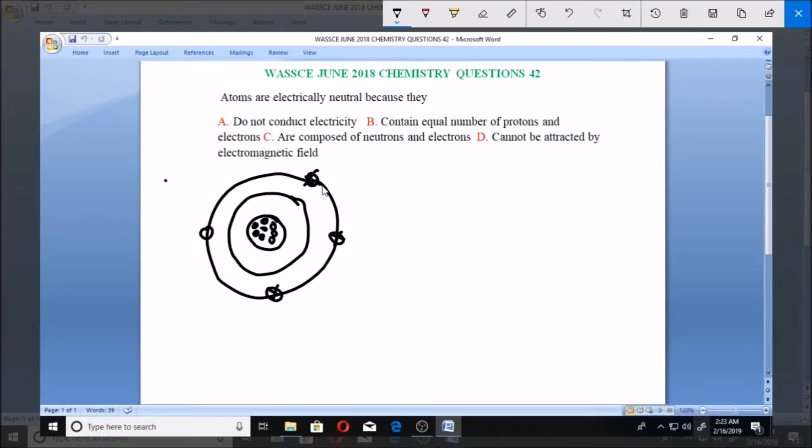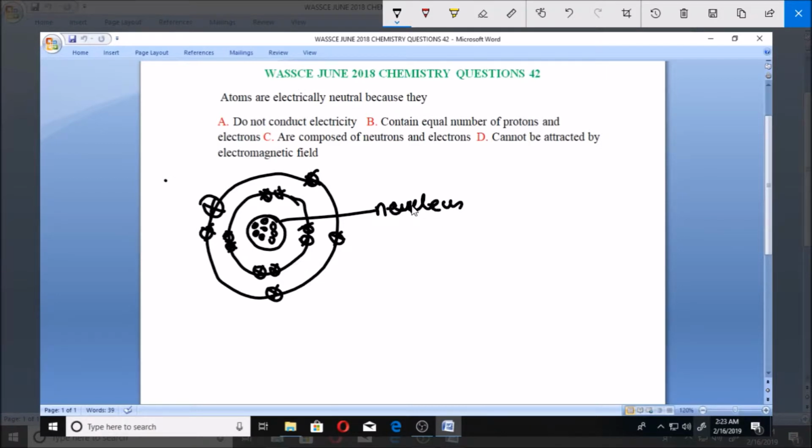So you can see that the smaller things inside an atom are the protons, the neutrons, and the electrons. The ones that are in the shell are known as electrons. This very place is known as the nucleus.